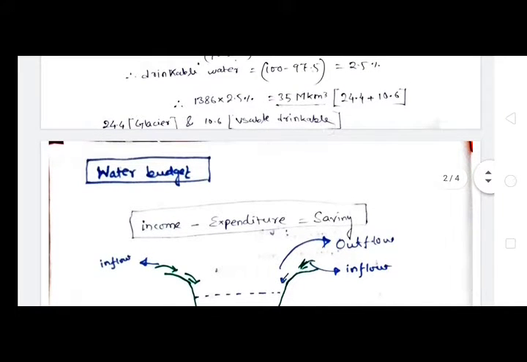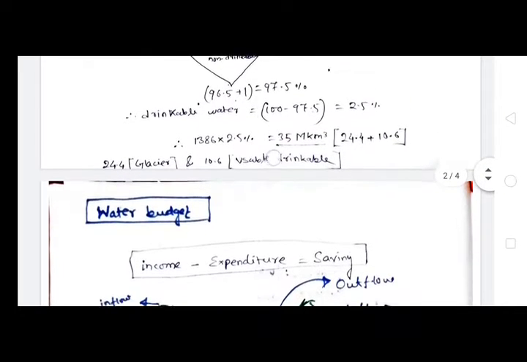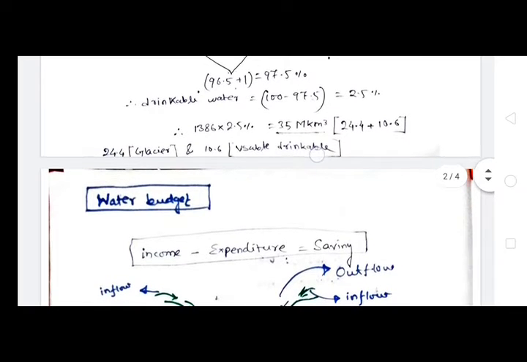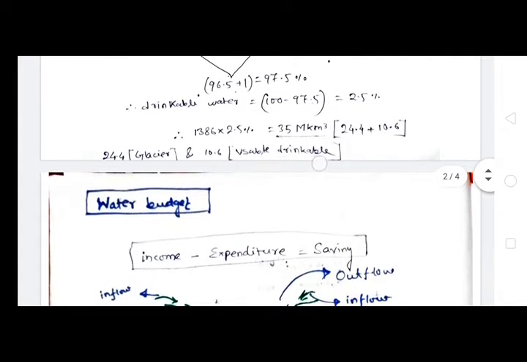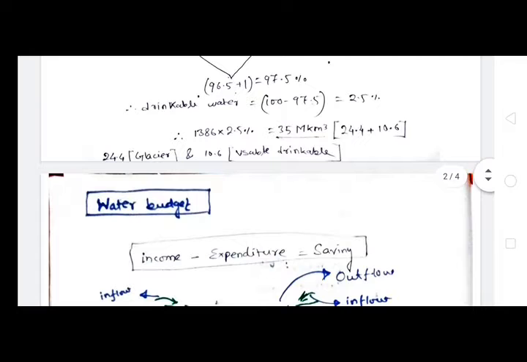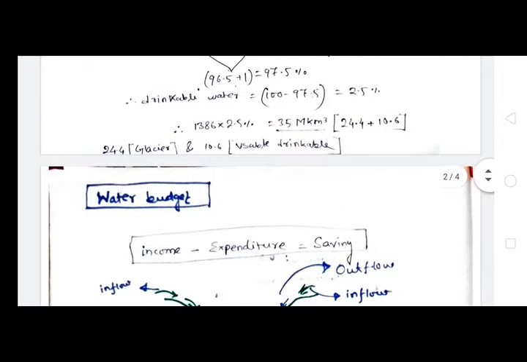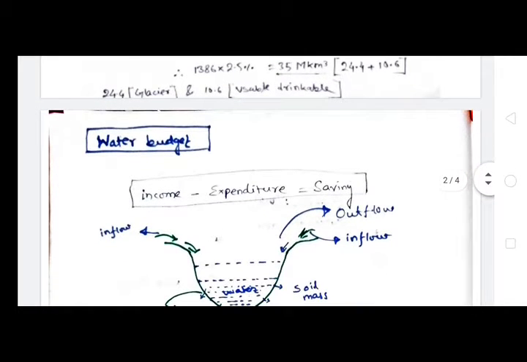So out of about 1386 m kilometer cube of water, 10.6 m kilometer cube is only usable and drinkable as well.